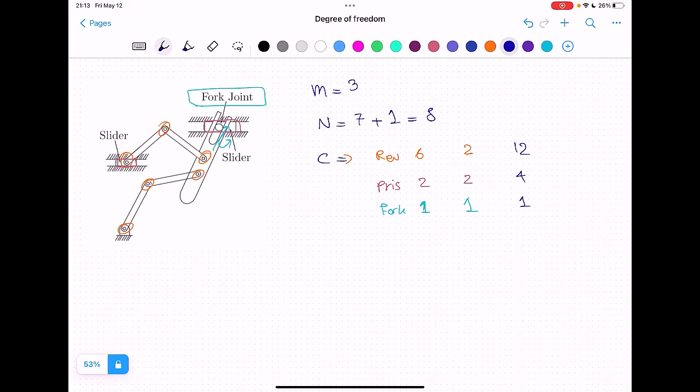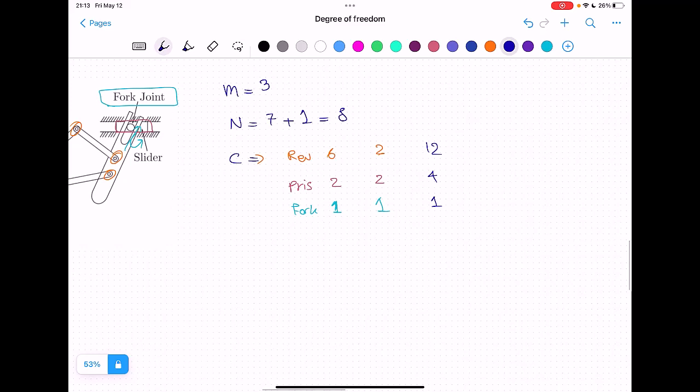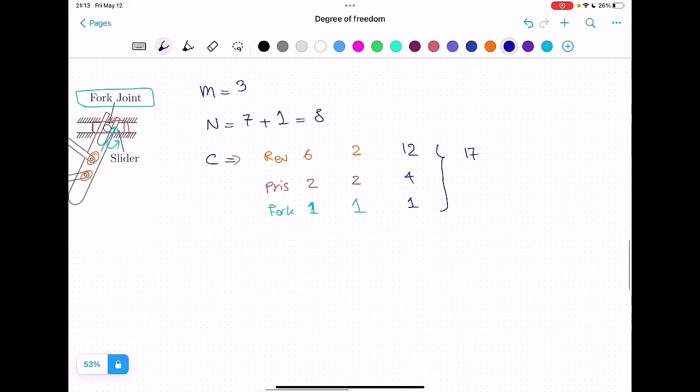We add all of them. So the parameter C is equal 17.